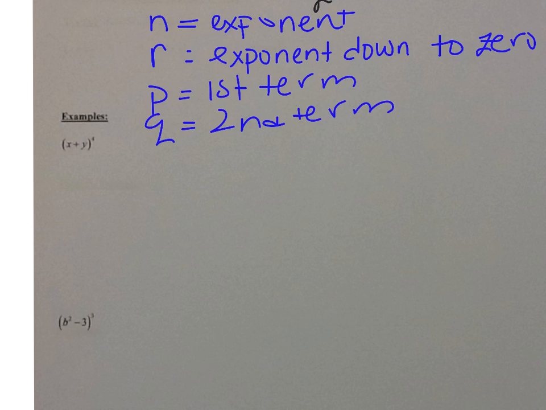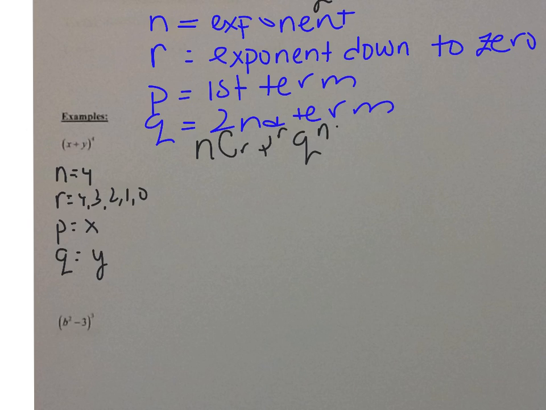On the side, I want you to write down what your n, r, p, and q are. n is your exponent, which is 4. r is your exponent down to 0, so it's 4, 3, 2, 1, 0. p is your first term, which is x. q is your second term, which is y. Now we're going to use the formula nCr, p to the r, q to the n minus r power. We're going to start with 4C4, right?